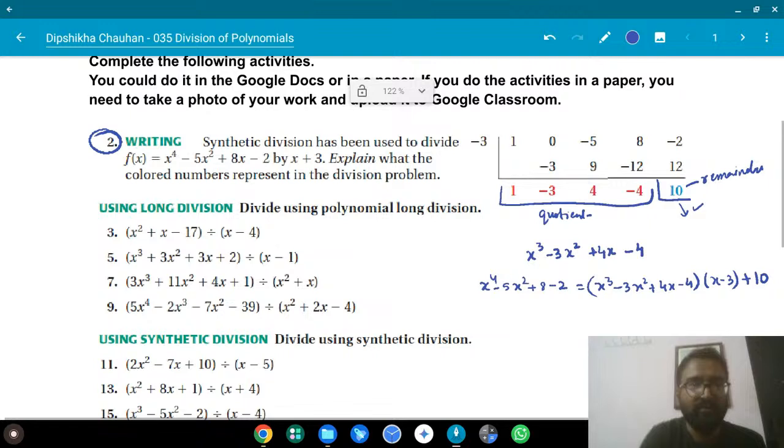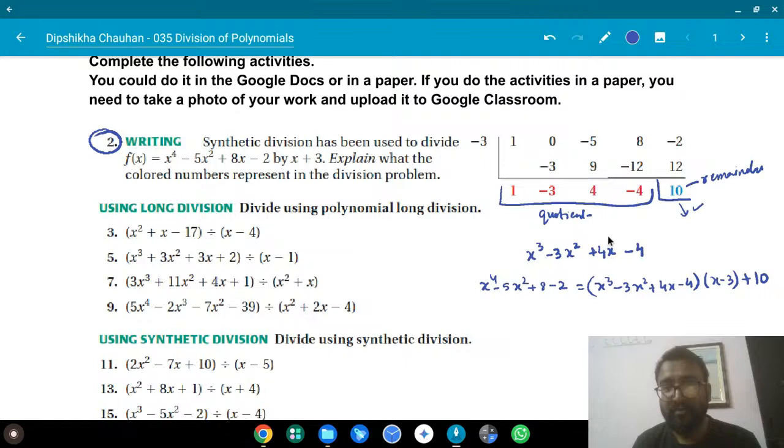So now explain what the colored numbers represent in the division problem. Red colors are the quotient, and blue color is the remainder of the division.